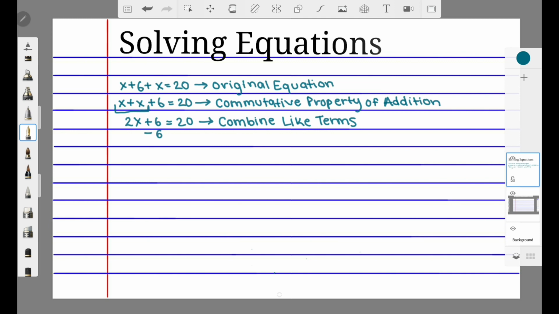We always want to use the opposite operation. For example, if it was added, like it is in this equation, that's when you want to subtract. If it was subtracted in the original equation, then you want to add.